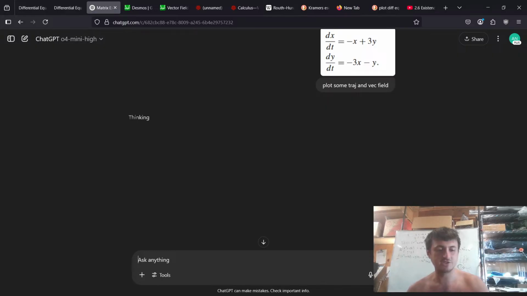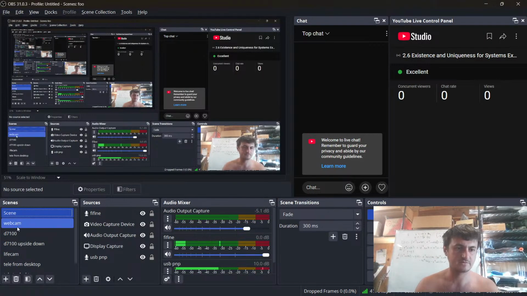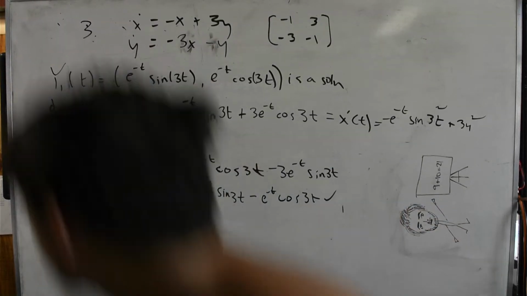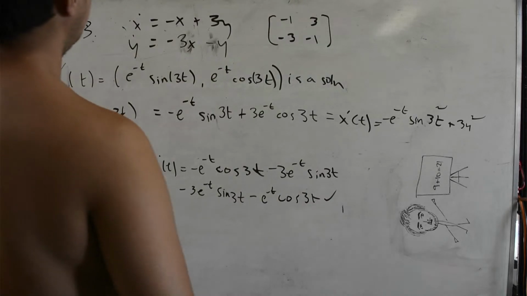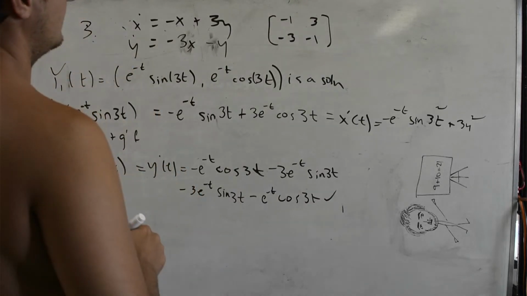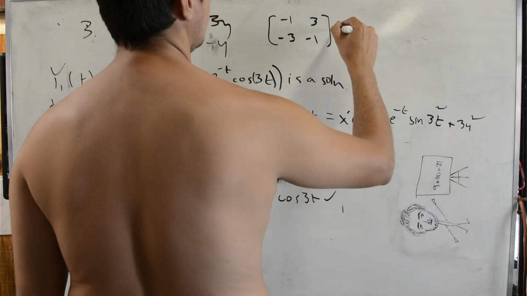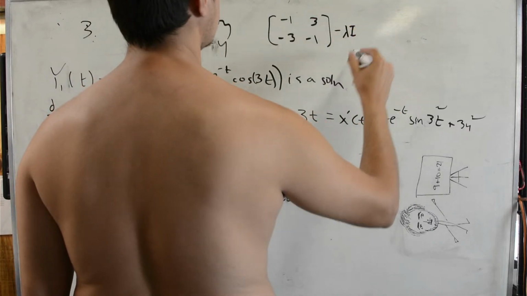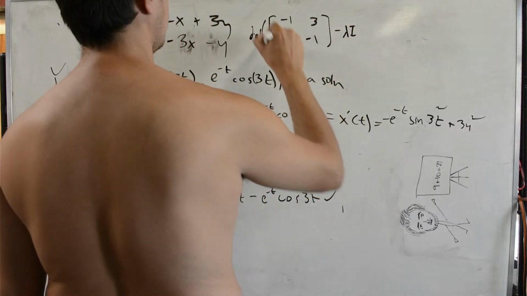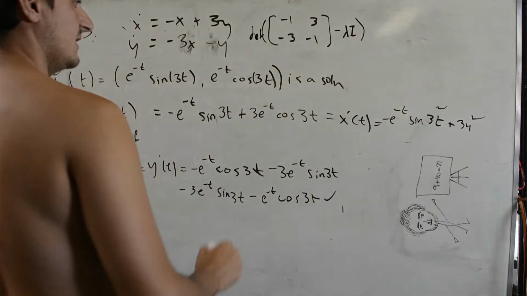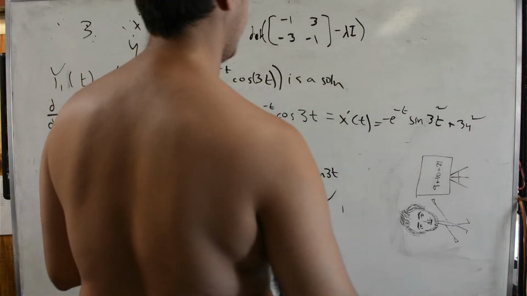Maybe we could just do a quick little... so we're going to get A minus lambda I. So the determinant of this. First off, we can just get rid of all of this.